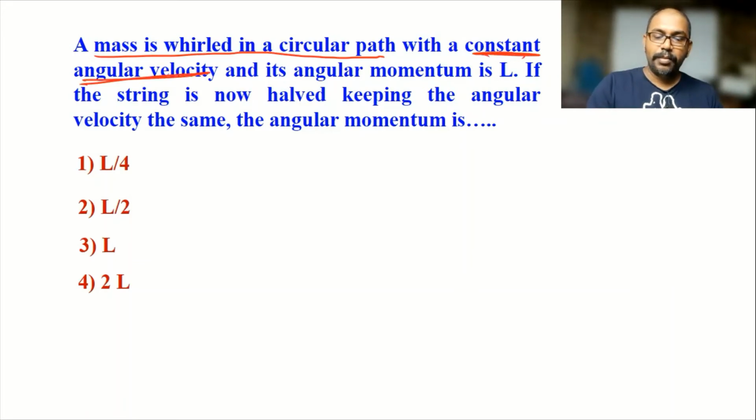The angular momentum is given as L. Angular momentum L is equal to I omega. If the string is now half, it means the length of the string is half.